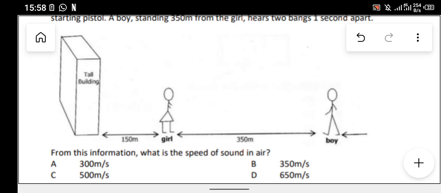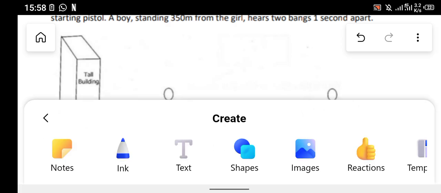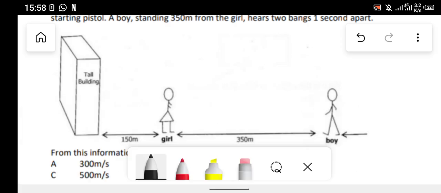Without any further ado, let me just explain what's going on here. We have been told that this girl fired a gun. Obviously, sound traveled in all directions. The first sound wave went to the boy.